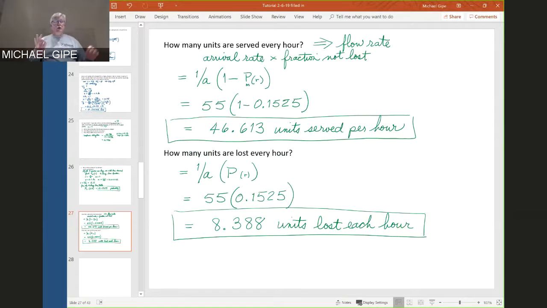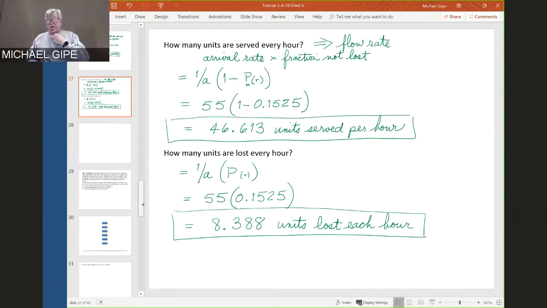Okay, very simple application of this other extreme, variability causing a loss of demand. Any questions on that one? What's the next one? 9.4. Oh, this is a fun one. Okay, if we got no questions on that, let's go to the next one.